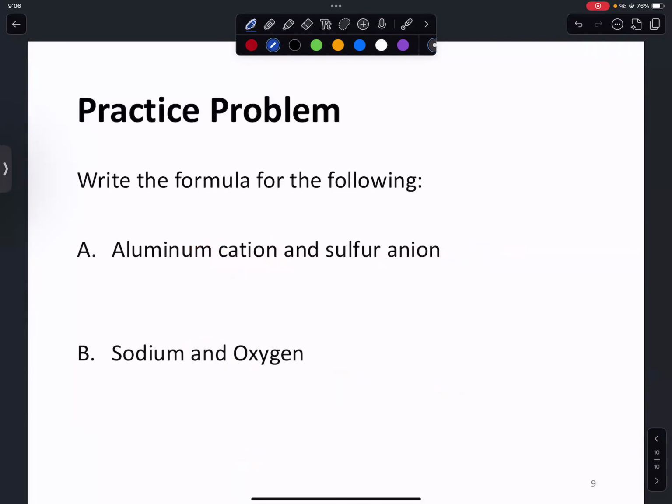Now I want you to pause your video and work on these problems together to see if you really get the concept or not. Again, aluminum, Al 3 plus, group 13, loses 3 electrons, and then sulfur anion, crisscross method, and then we get here Al2S3.